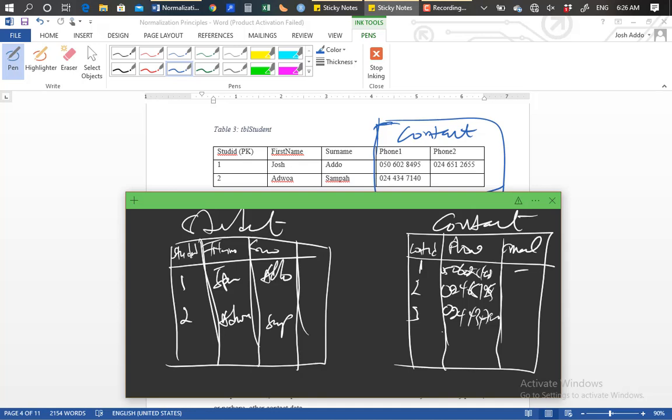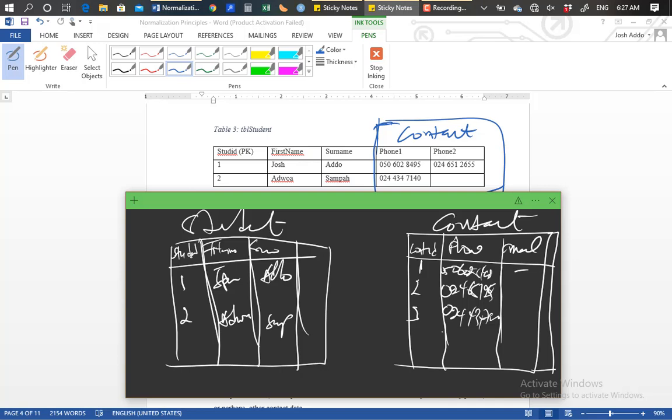This table, these numbers here, are for some people, and the people are in a different table. So a way to link them, which is the relationship, is to create another column called foreign key column.